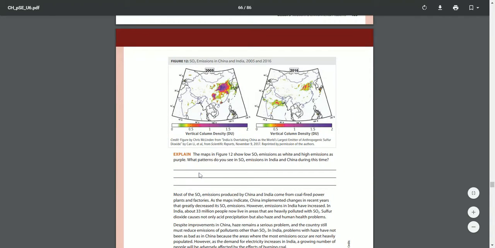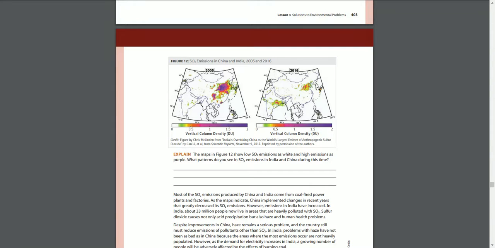Acid precipitation tends to occur more dramatically in developing countries. Europe and America had this problem a few decades ago and then have really cut down on it. China also has been making great strides. If you look in 10 years from 2005 to 2016, they have much less pollution.